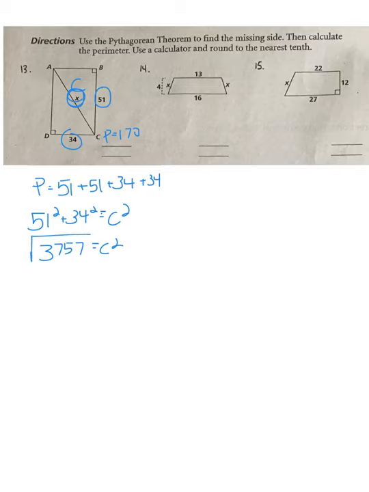We need to take the square root of that because obviously that doesn't equal 3,757 if the other sides are 51 and 34. So when we take the square root of that, we will get that c equals 61.29, which makes a lot more sense. So the x is 61.29.